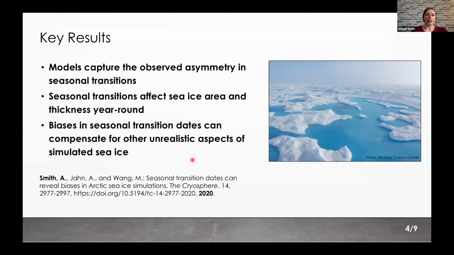We also see that seasonal transition dates are related to other characteristics of the ice, such as the area and thickness, and that biases in the seasonal transition dates can compensate for other unrealistic aspects of the simulated sea ice. And this talk is based off of a paper of the same name that was published in the Cryosphere last year.